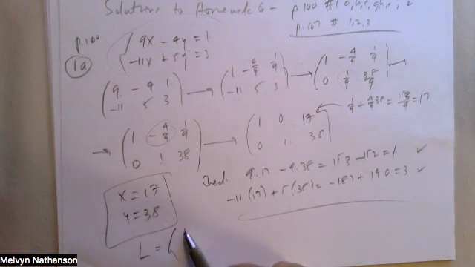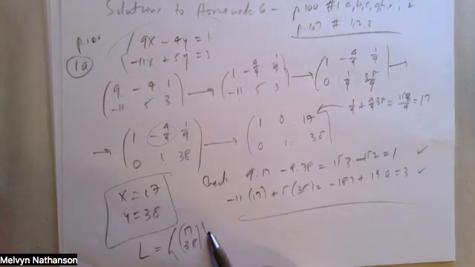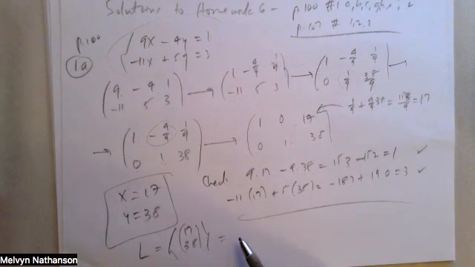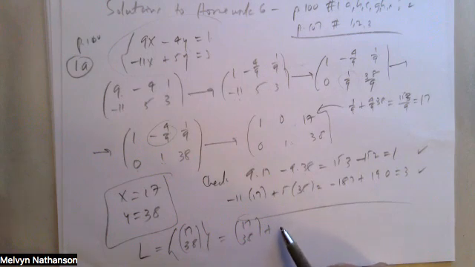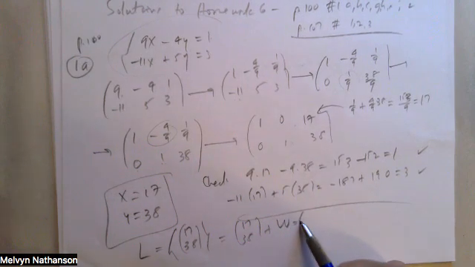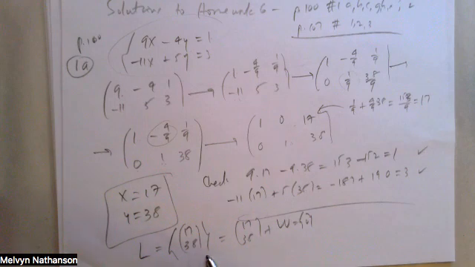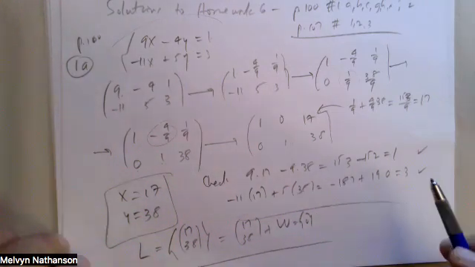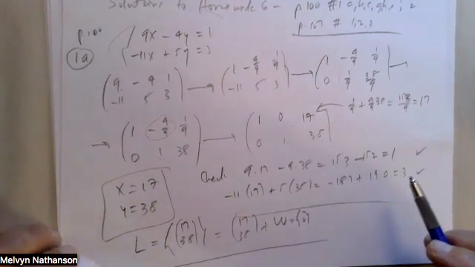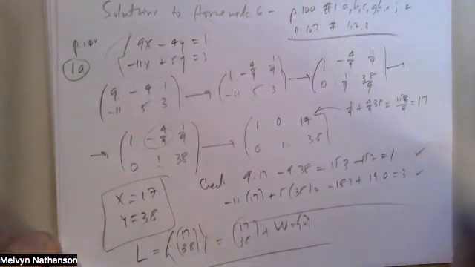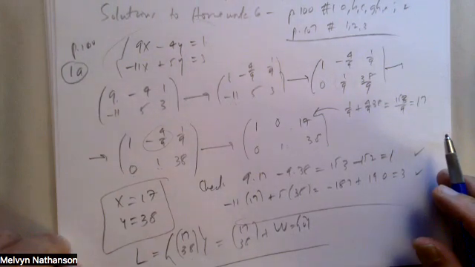Well, there's just one, the vector (17, 38), which you can think of as the affine subspace (17, 38) plus the subspace W, which is just 0. So one vector is always an affine subspace, a translate of the zero subspace. A point is always an affine subspace.